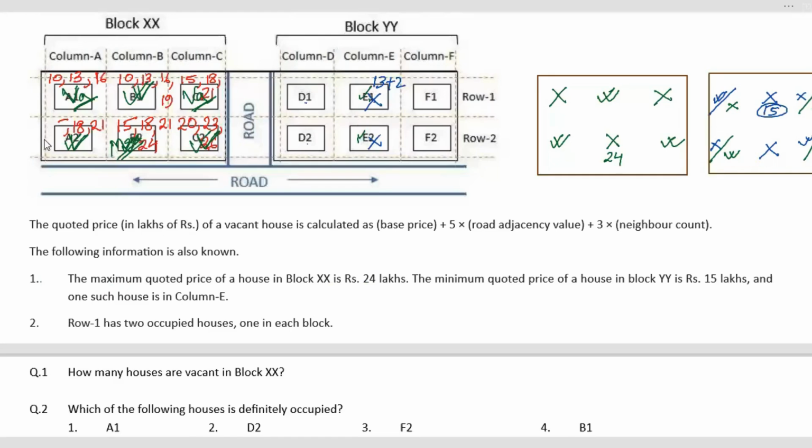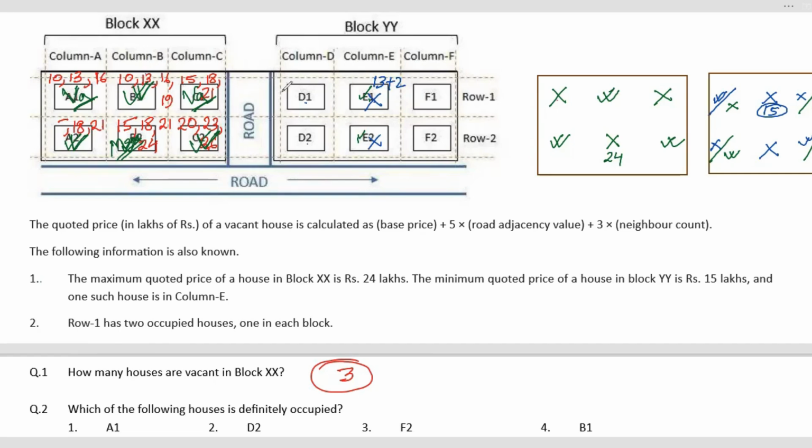Now let us go for question 1, where it asks how many houses are vacant in block XX, which is already clear. Vacant, this. So 3. The answer will be 3. Which of the following houses is definitely occupied?